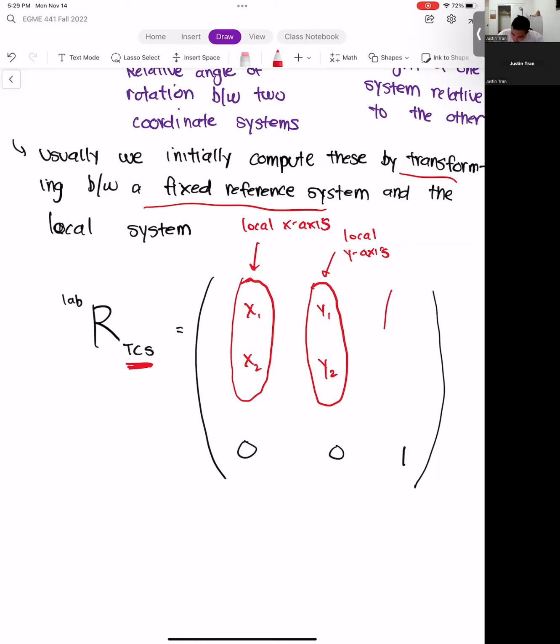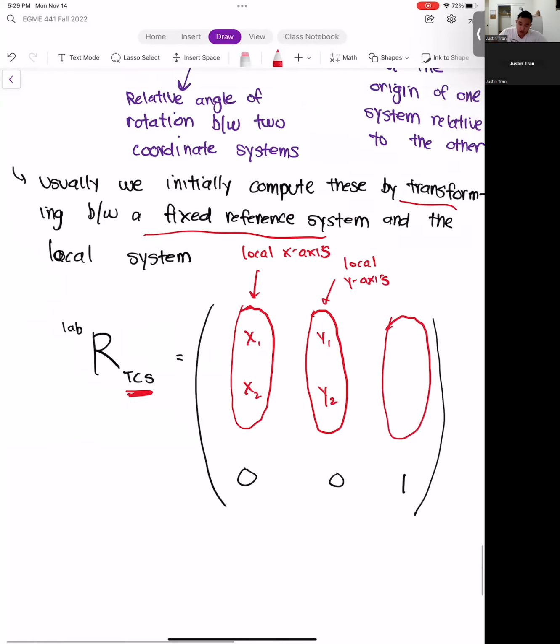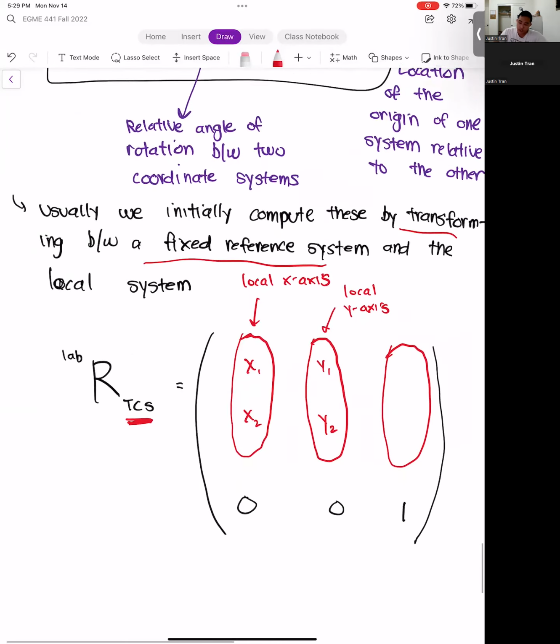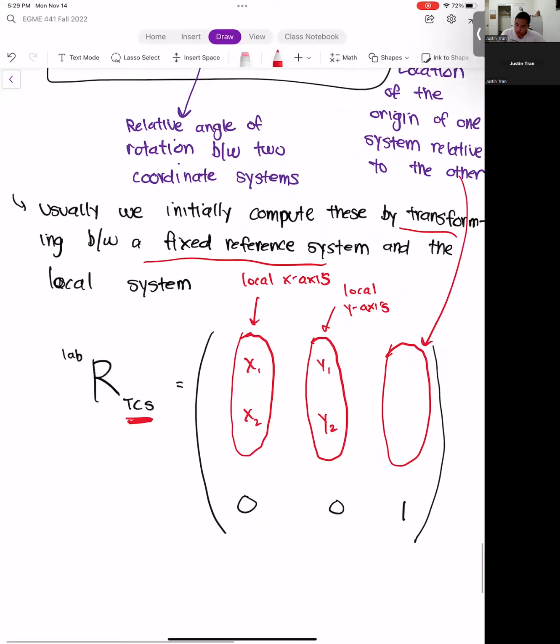This third column is the location of the local coordinate system origin relative to the fixed origin. This is like parts 1 and 2 of homework 5, problem 2.